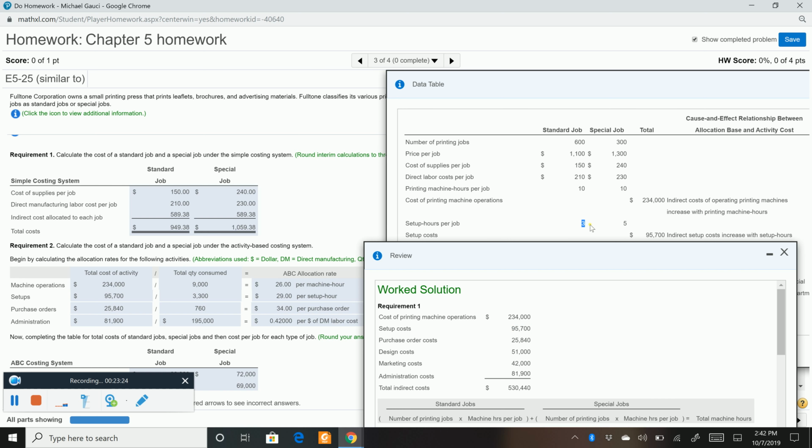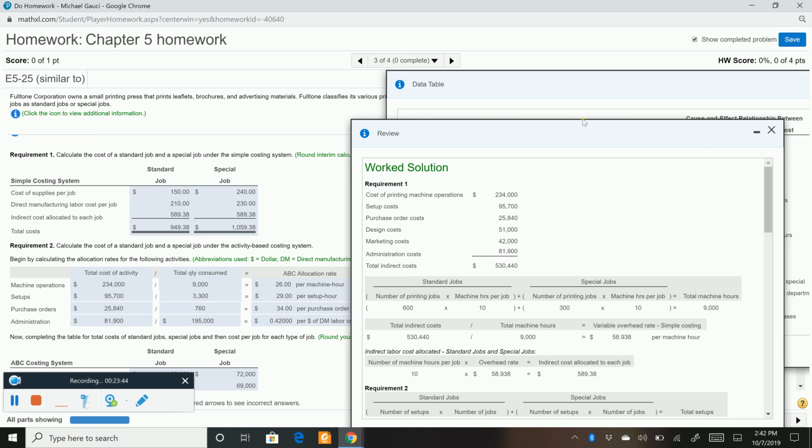Standard is 3. The special is 5. So for standard, we have 600 jobs and 3 setup hours per job, 600 times 3 is how much?